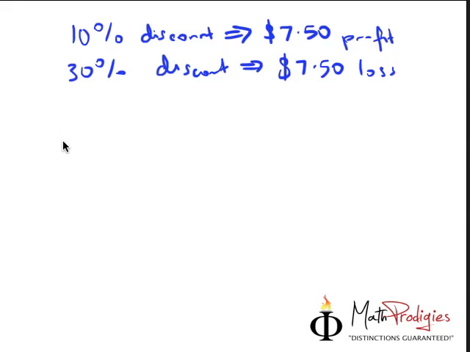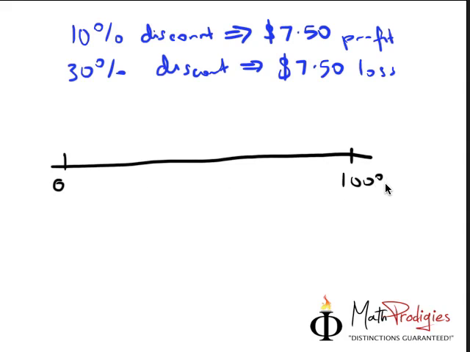Draw a straight line over here. Let's imagine this is $0, or 0%, and this is 100%. If I sold it at a 10% discount, the price is going to be 100 minus 10, which gives me 90%. I make a profit of $7.50.